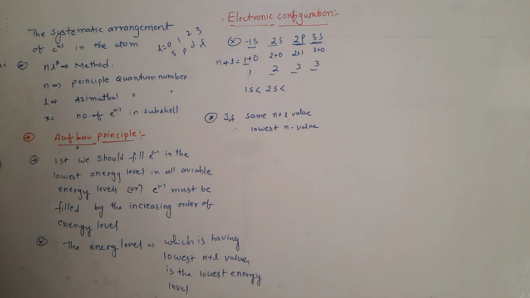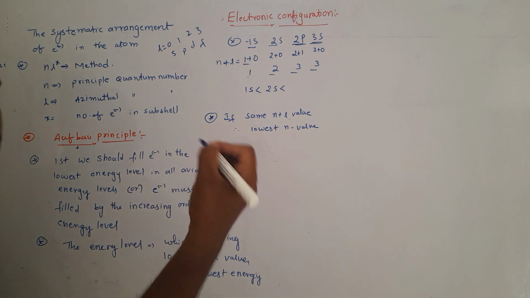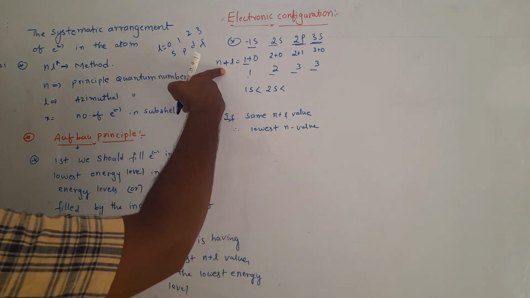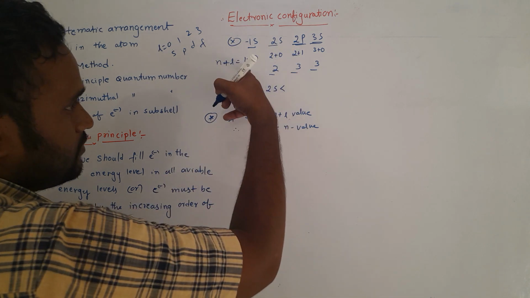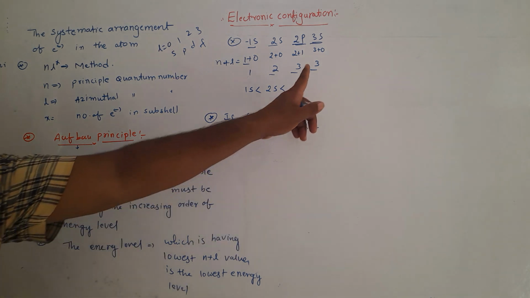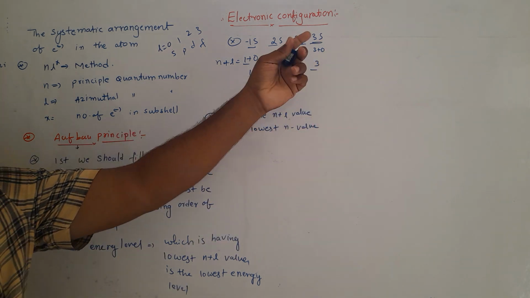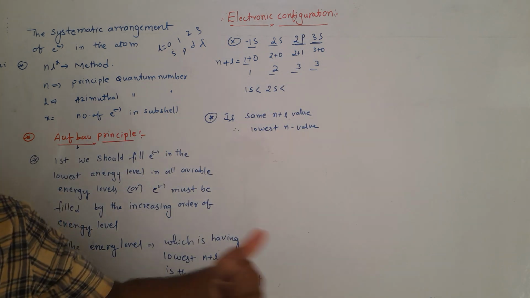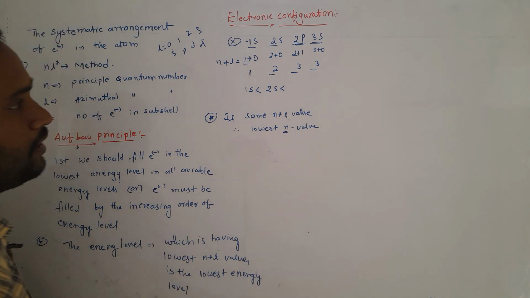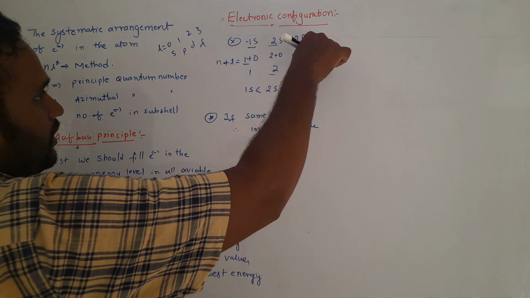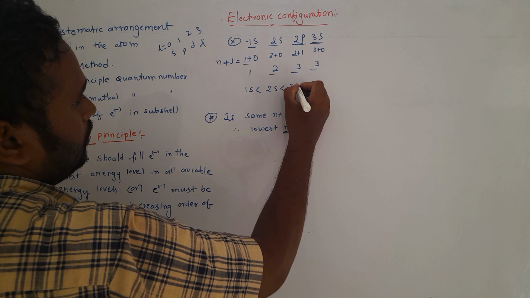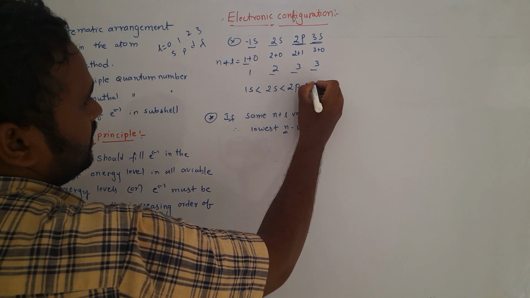The one having the lowest n value has the lowest energy. First we need to see the n plus L value; the one with the lowest n plus L value is the lowest energy. If any two subshells have the same n plus L value, then we need to see the lowest n value. So among 2p and 3s, 2p has the lowest n value, so 2p is less than 3s.